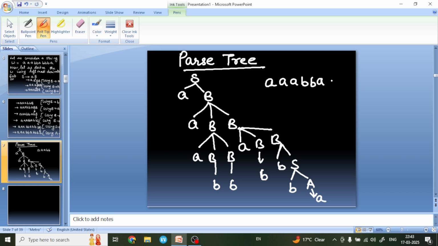You can see the answer. This is the leftmost derivation.